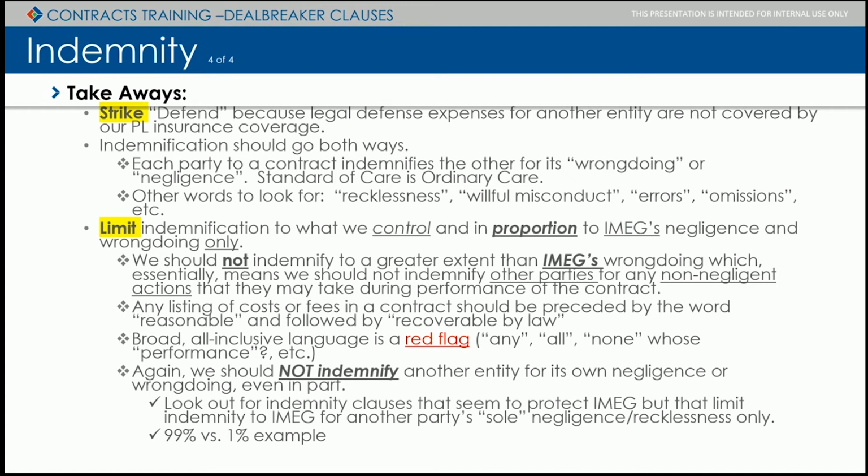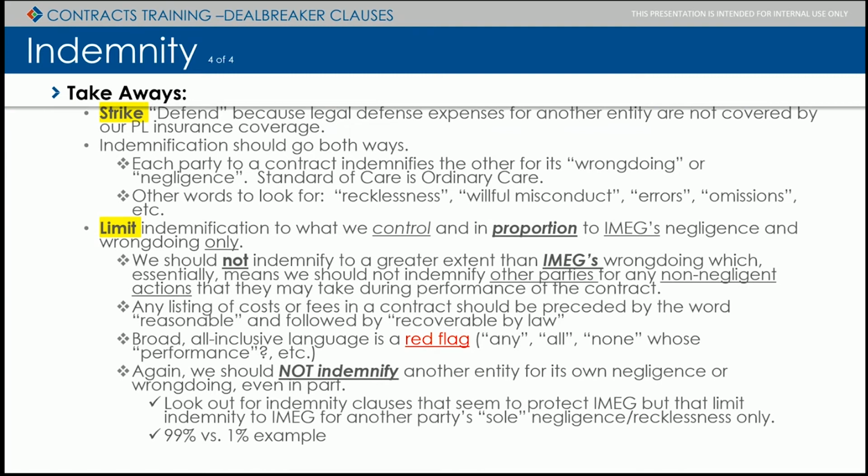And we're going to get into that, the standard of ordinary care. What does that mean and how should it be worded? But essentially our professional liability coverage is connected to the standard of care. And that's why, even if in practical conversations on the ground, when someone talks about the standard of care, you see people's faces twist up and they don't want to hear it and just want you to take care of the problem, it matters because of how it flows up and how we're taken care of by our insurance company.